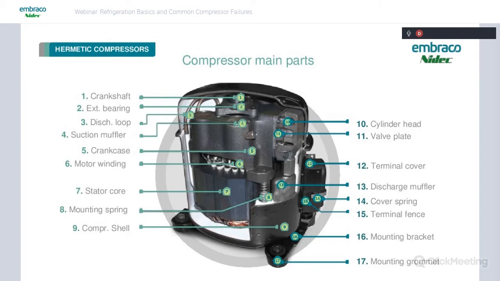You can see the discharge muffler, suction muffler, and the cylinder head is right here. All of our compressors right now are single cylinder, so this is pretty much the layout of all the compressors that we have today.